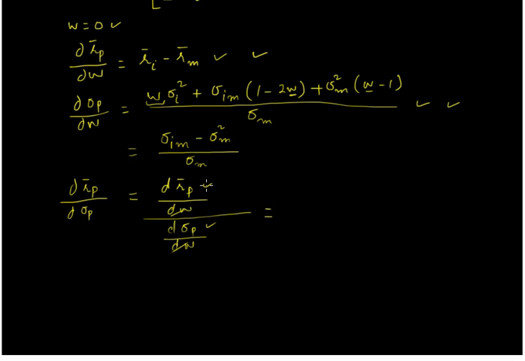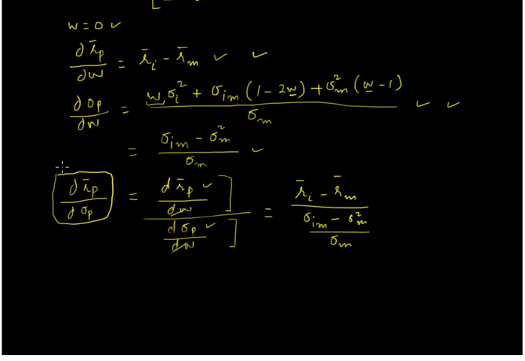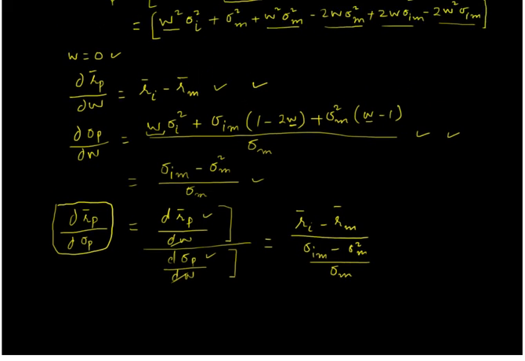So this is going to be equal to, well, this is equal to Ri bar minus Rm bar, and this item is equal to this item here, which is covariance between I and M minus variance of M divided by the standard deviation of M. Now let me scroll up to verify that this item here is also the slope of our CML that we had seen before.